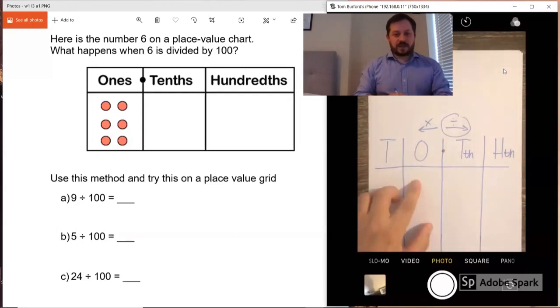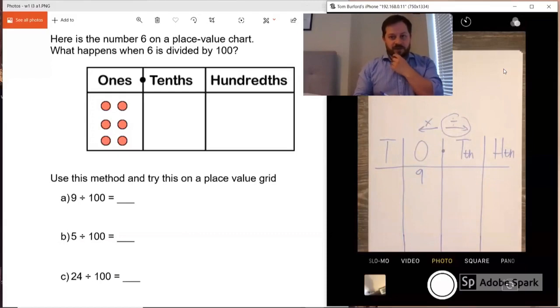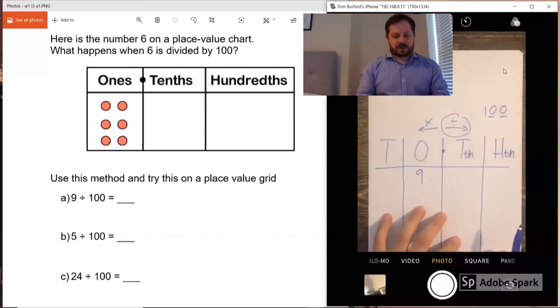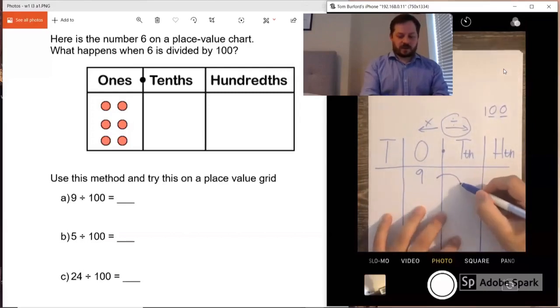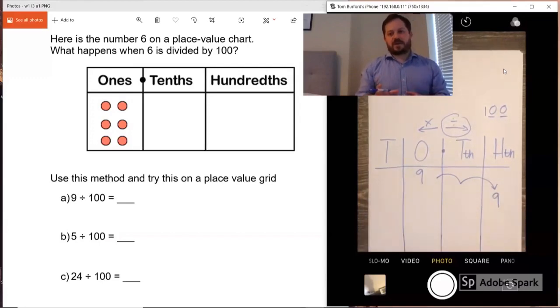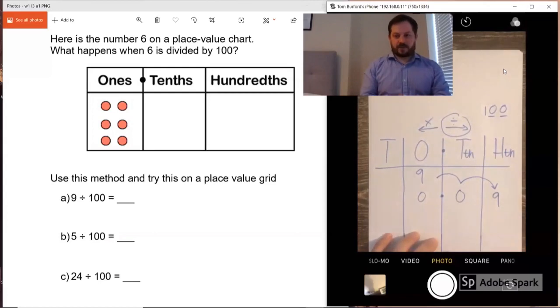Now, the first one says it's 9, and we're going to divide by 100. So dividing by 100, 2 spaces, 1, 2, put the 9 in this one, and then we need to make sure that we put our placeholders in place. We always have to have a placeholder in the ones column, if there's nothing. We need our decimal point.